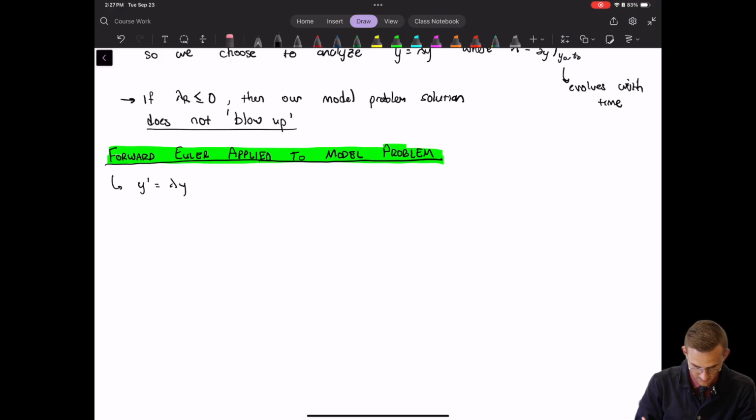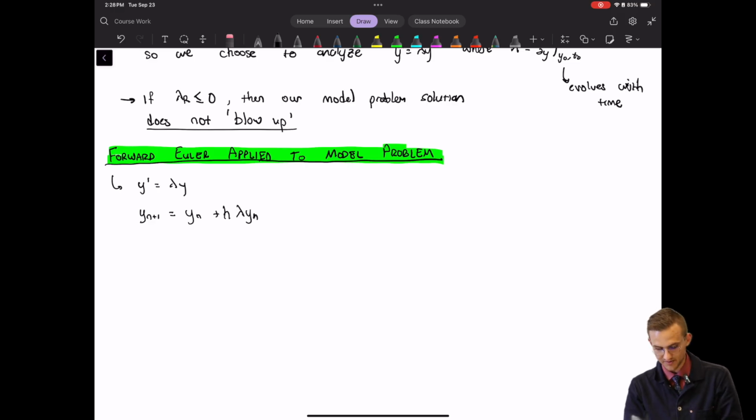We learned last time that the forward Euler scheme is that y_{n+1} is equal to y_n, or y at the previous time step, plus your grid size h times lambda y_n. So whatever the right-hand side of the differential equation is, evaluated at the previous time step, so it'd be y_n.